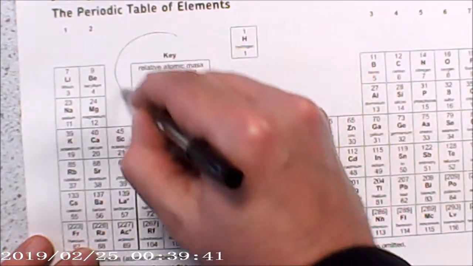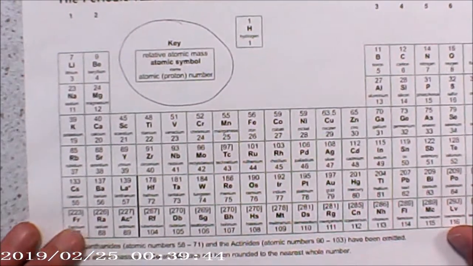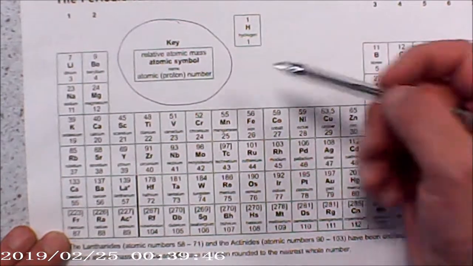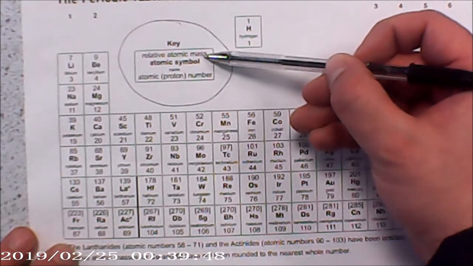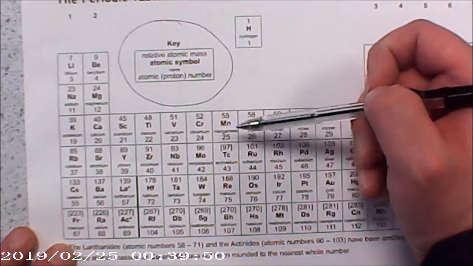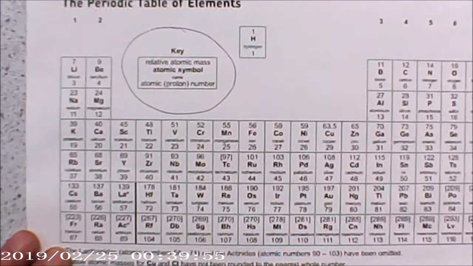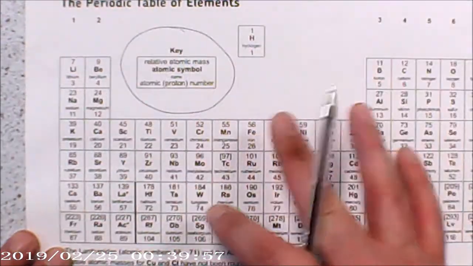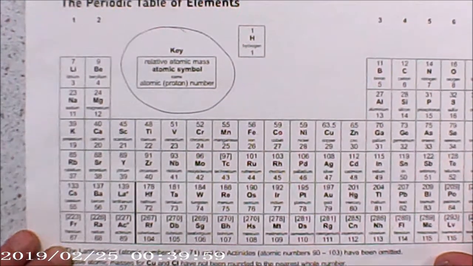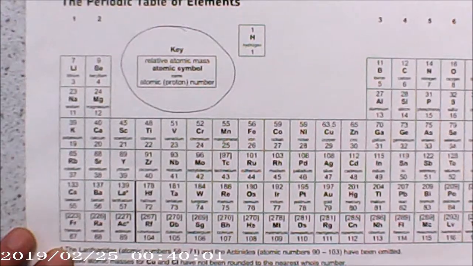You've got a key here, and this tells you what the numbers are about. So it tells you where the atomic mass is, which is the top number on this periodic table, and the atomic or proton number, which is at the bottom. So this is in your papers for a reason. Please make sure you use it.